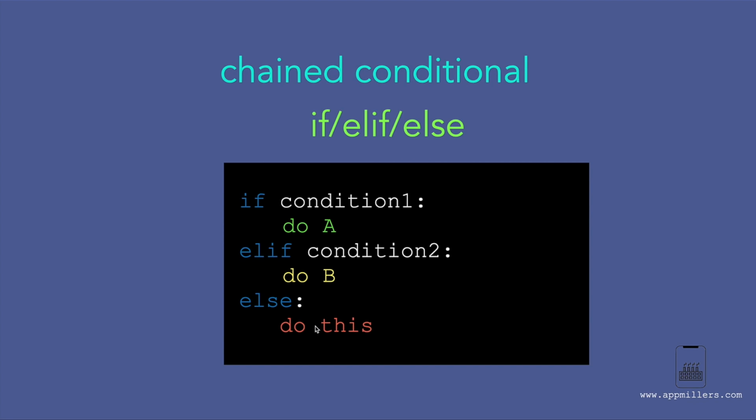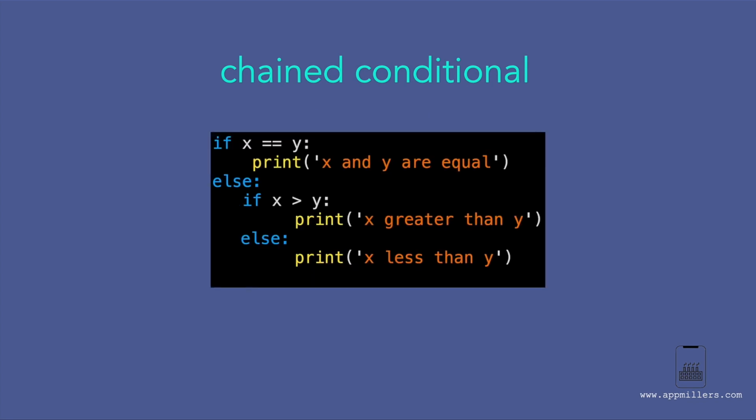Now if you look at the example that we implemented using nested if statements before, first we were checking if x is equal to y, and in this case we were printing out the message, x and y are equal. Otherwise we were writing a nested if condition and checking whether x is greater than y or not. Now we can implement this without using a nested if condition, using a chain conditional.